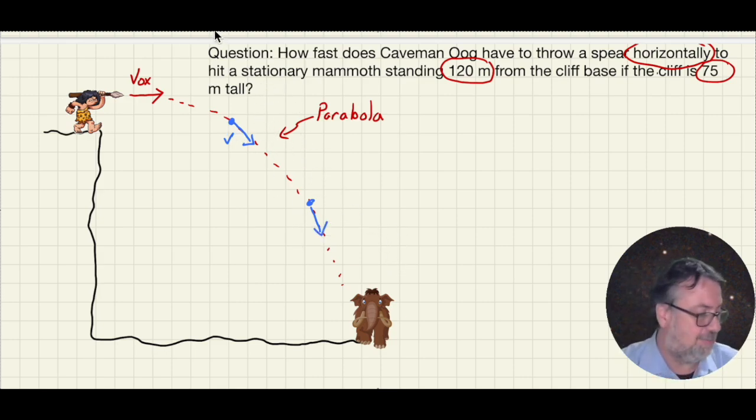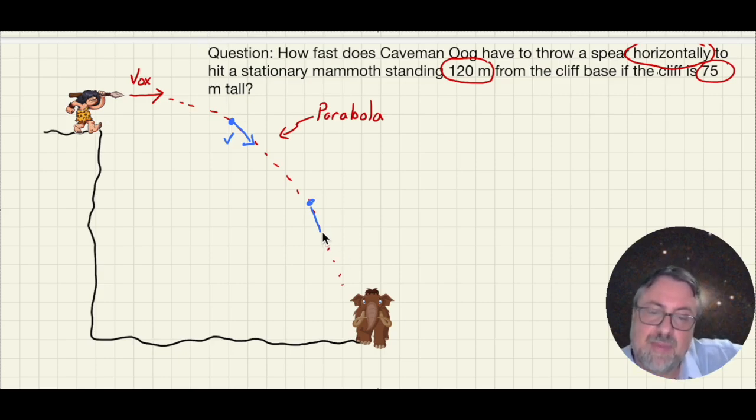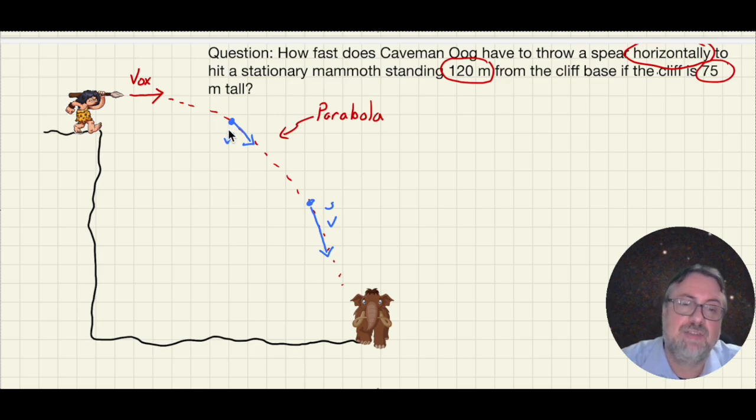In fact, let me clean that up a little bit. So the velocity v is always tangent to the path. But we're not going to deal with the entire velocity v because we saw initially in the first video on free fall that we can treat the horizontal and vertical motion independently.